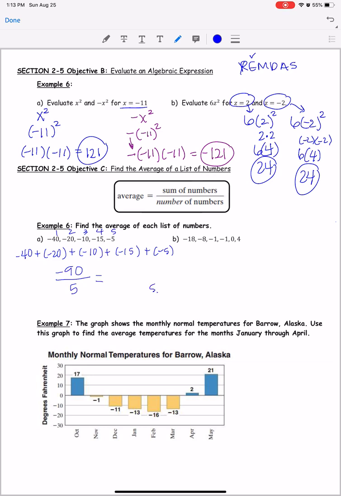We've got 90 divided by 5. 5 goes into 9 one time. 1 times 5 is 5. Subtract. We get 4. Bring down your 0. 5 goes into 40 8 times. So my answer here is 18. But follow your integer rules because we have different signs. You've got negative on the top, positive on the bottom. This is a negative 18.